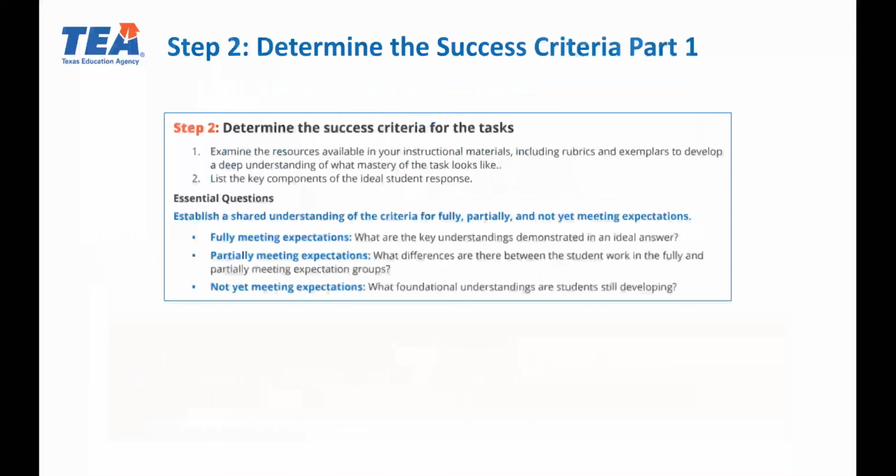But then what does it mean to be in the partial? What's the criteria there? And then what does it mean for not yet meeting? Think of it as a rubric. It's to norm around expectations for your analysis.